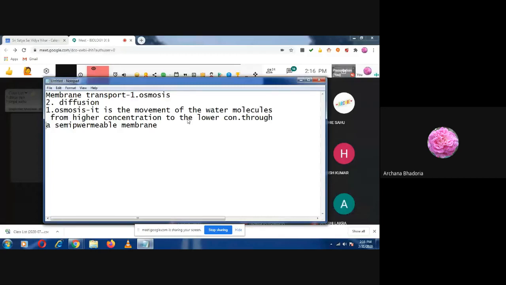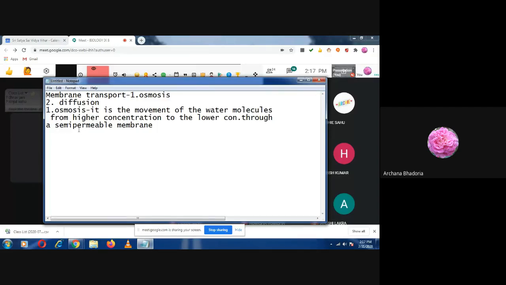When we say higher concentration, understand that where water is more, from there it will go towards less. If water inside the cell is less, it will come inside the cell. If water inside the cell is more and outside is less, then the water will start moving outside the cell, through the semi-permeable membrane. Understood, everyone? So this process we call osmosis.